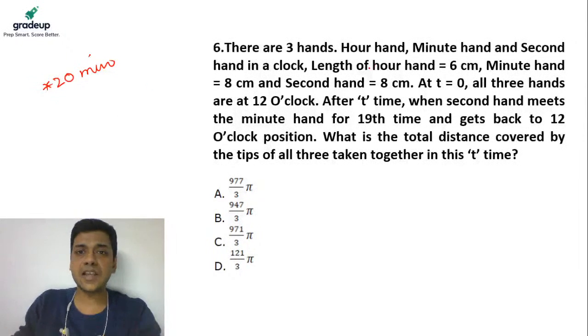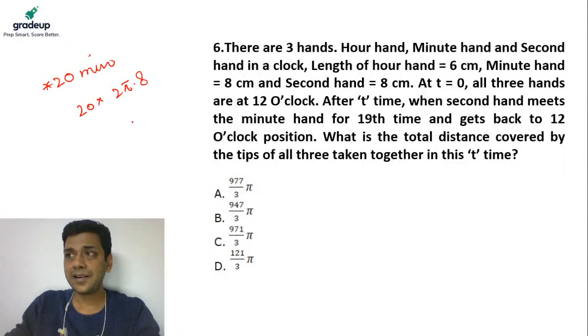In 20 minutes, how much will the second hand travel? Second hand will travel 20 times 2 pi r. What is r? r is 8. What will happen to the minutes hand? Minutes hand completes one full round in 1 hour.